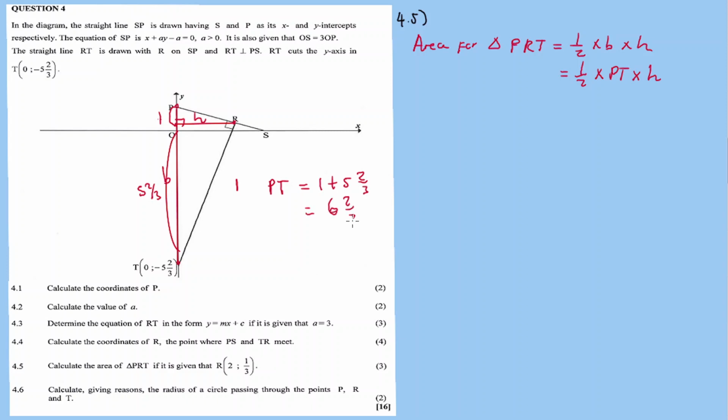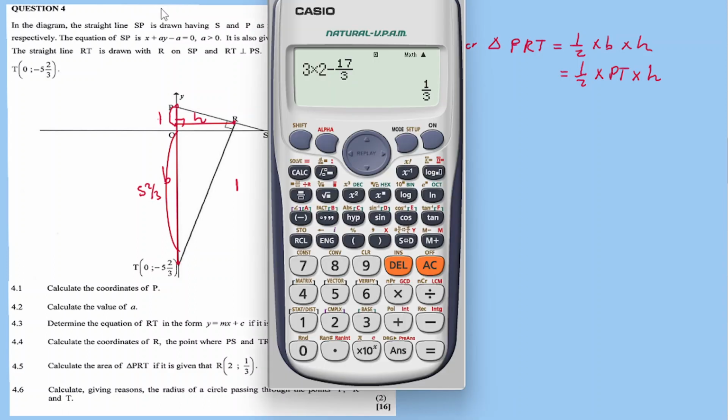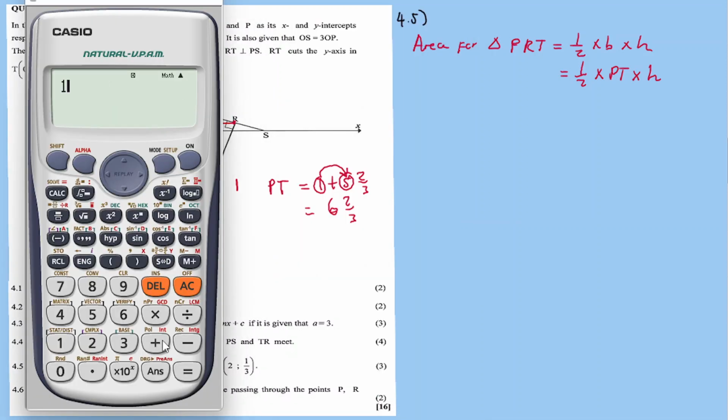This one adds to this whole number 5 to give 6, and the fraction is 2 over 3. Voila.